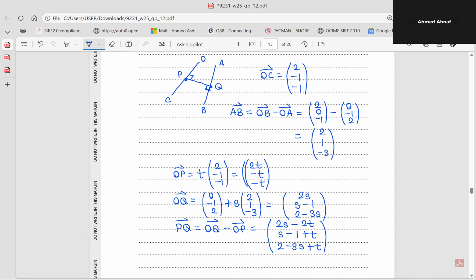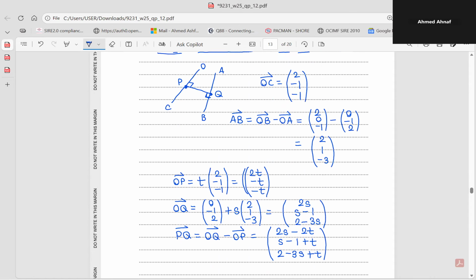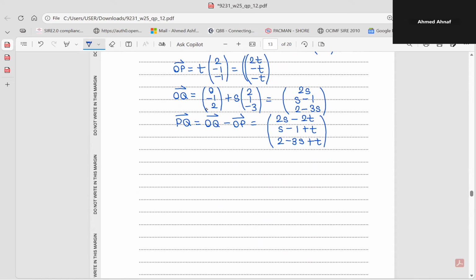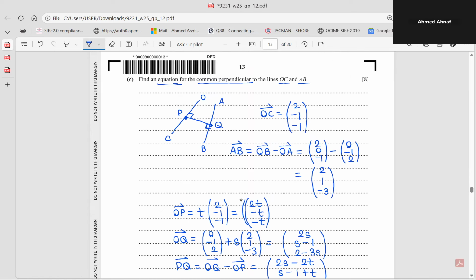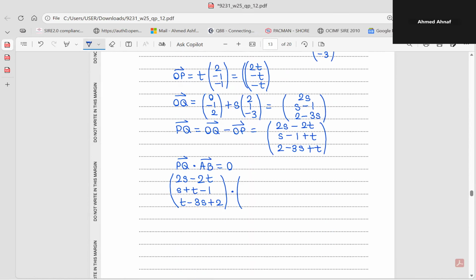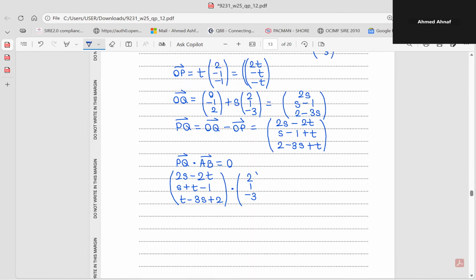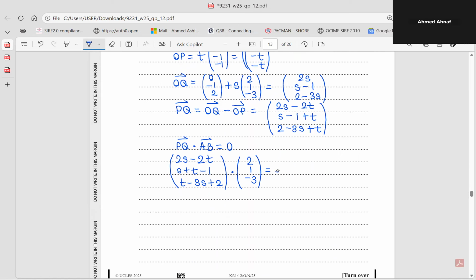Yeah, so this is PQ. Now we're going to take the dot product of PQ and AB. So we're going to equate it to 0 since they have to be perpendicular. So (2s - 2t, s + t - 1, t - 3s + 2) dotted with AB, so (2, 1, -3), equals 0.